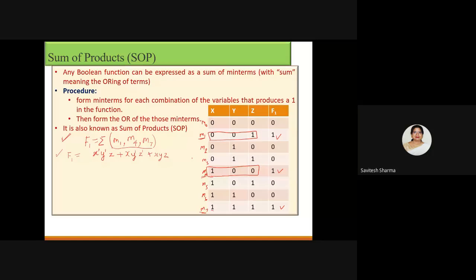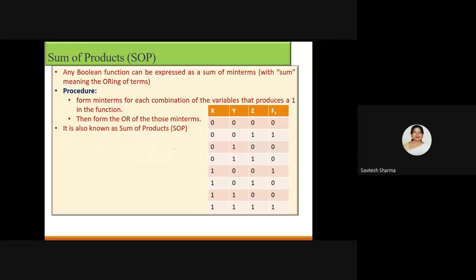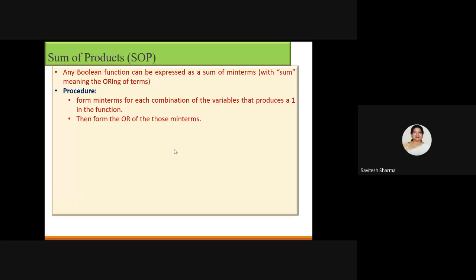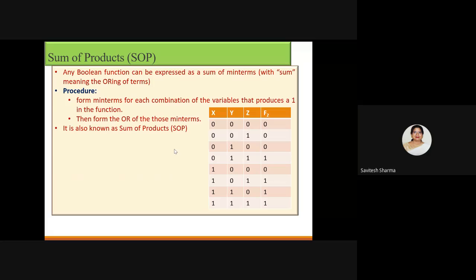If you got it, then do one more problem. What is the procedure to get the sum of products? You please do it, and now tell me. This is another truth table, and here the function is f2. Now tell me, SOP.